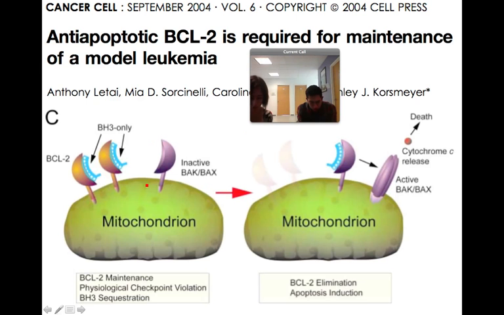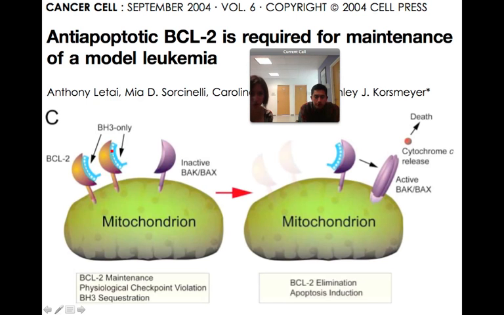So here's an example of what would happen in a mitochondrion. If you have a situation where you have a lot of BCL2, here, this is the BCL2, this yellowish looking lollipop thing, and the BH3-only proteins are sent in to activate BAX or BAK.